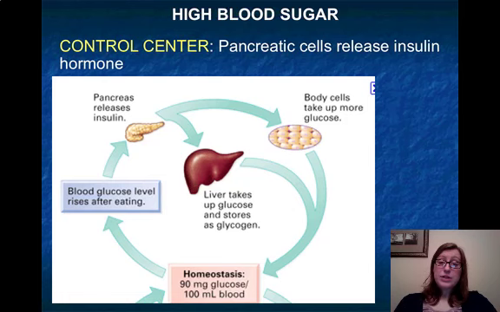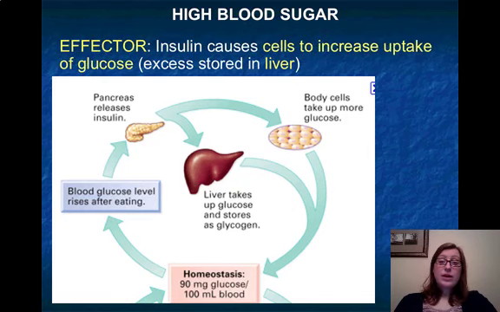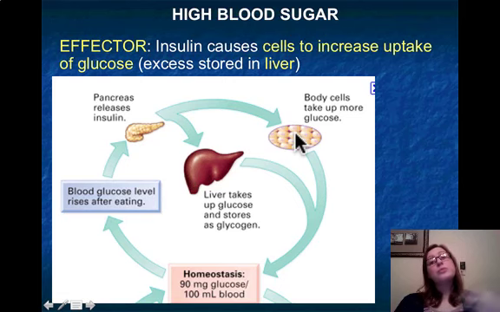At the control center, they decide to release the hormone insulin. So little tiny signaling protein molecules. And what effect does insulin have? Well, it causes your body cells over here to take in glucose. So it's going to remove excess glucose from the bloodstream. If there's still too much glucose, then it will store it as well in the liver.